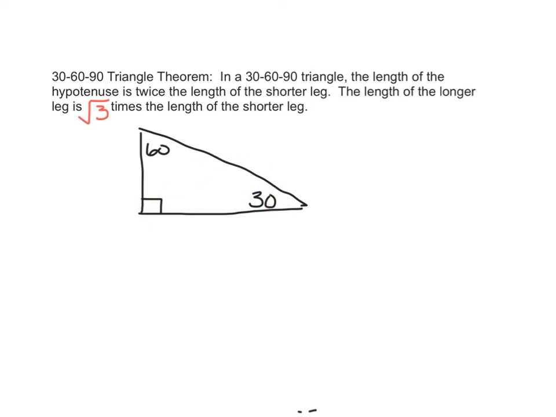Since this is 30, this is the shorter side, and since this is 60, this is the middle side. So this theorem says the hypotenuse is twice the length of the shorter leg. If I say the shorter leg is x, then the hypotenuse is 2x. And the longer leg is root 3 times the length of the shorter. There you go.